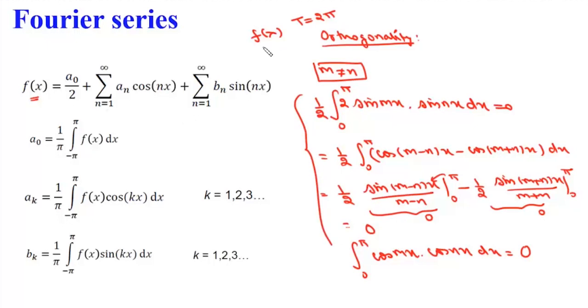So we have this function f(x), which is 2 pi periodic, and we need to determine a0, an and bn.